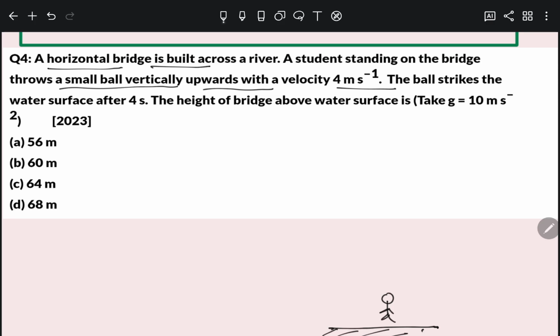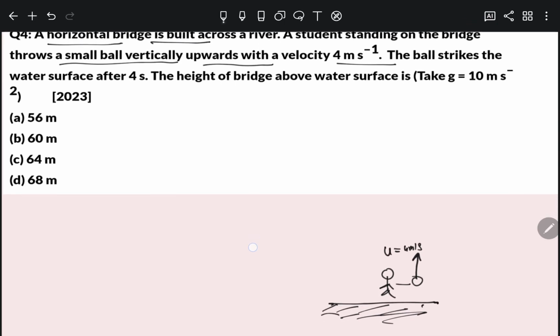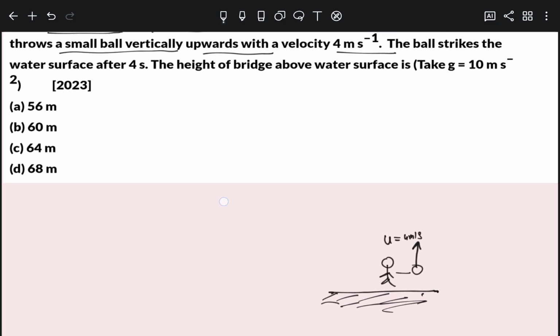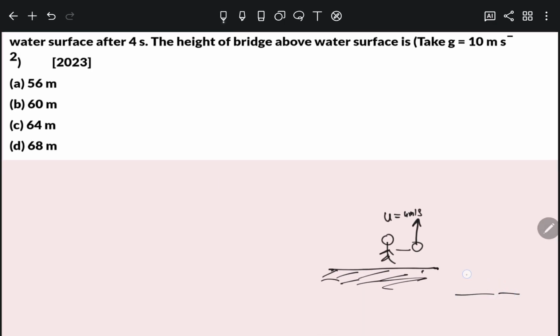A small ball is thrown vertically upwards with the velocity they have given, 4 meter per second. The ball strikes the water surface, where some water is there.